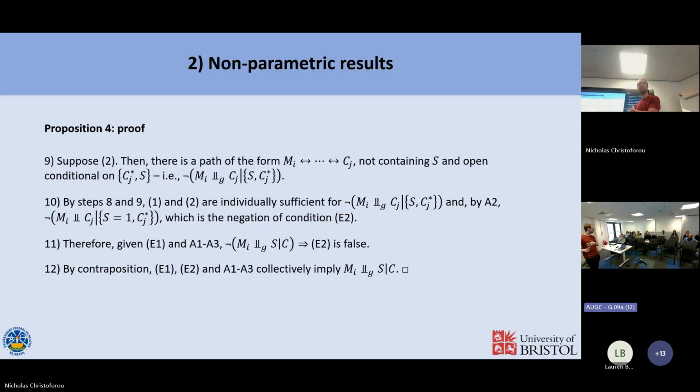This is just what we show. But that implies by contraposition that if E1, E2, and A1 to A3 are all true, then this must be true. It's just proof by contraposition. And this proves the proposition.